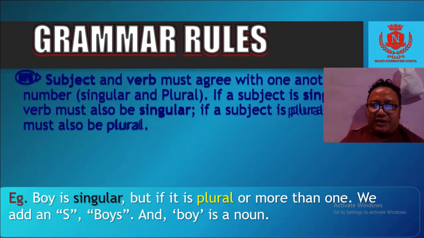Drink doesn't have an S, so in verbs it is a plural word. But words that have an S are singular verbs. It's the opposite of nouns.